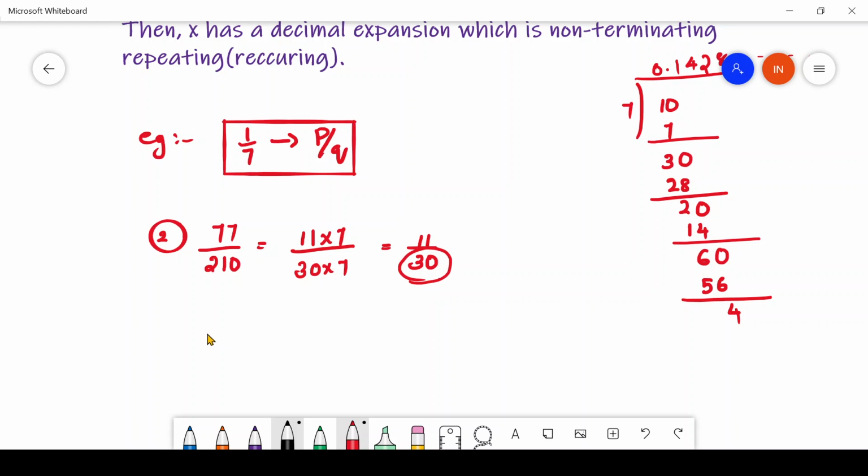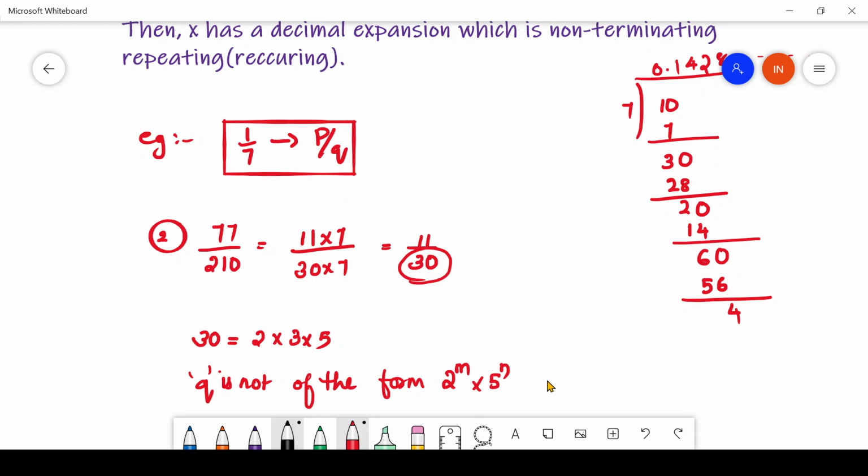So let me check what the factors of 30 are: 2 into 3 into 5. You can see that the denominator q is not of the form 2 raised to m into 5 raised to n, and it also has a factor 3 in it.